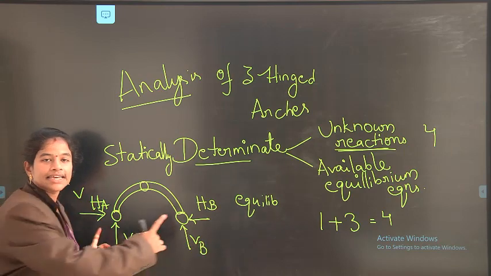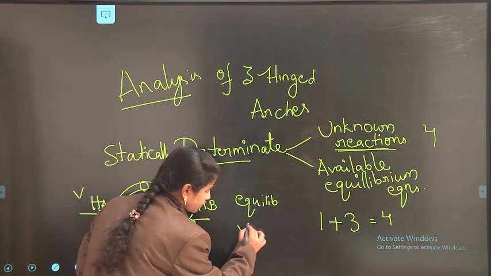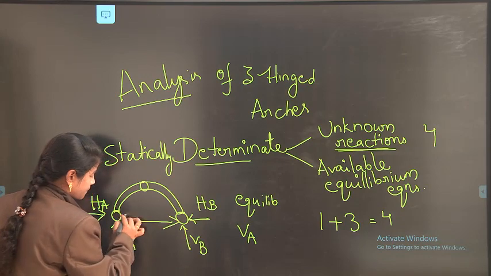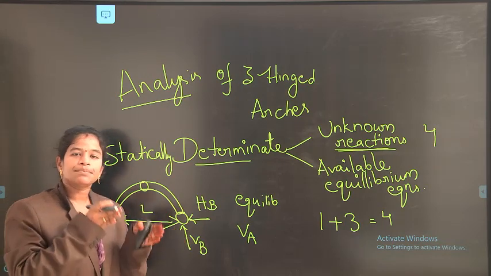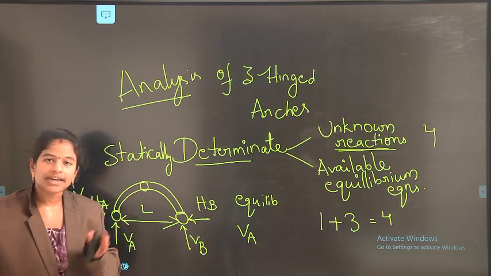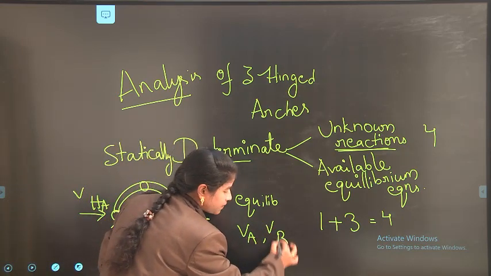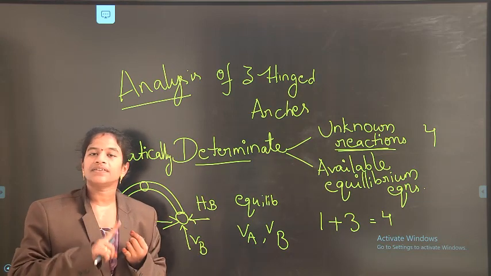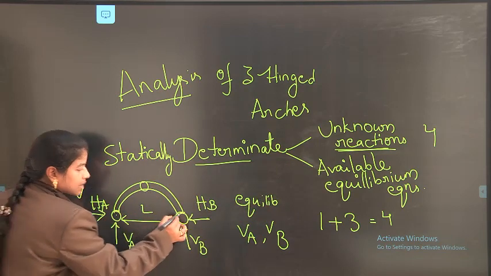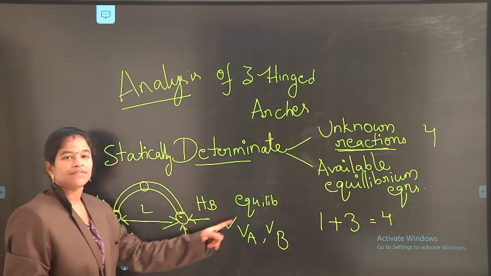We can use a simply supported beam of the same span as the arch is working. In that way only, our arch reactions are to be calculated. So VA and VB will be calculated with the basic vertical equilibrium equation and another equation, the sum of all the moments about any of the lower ends.